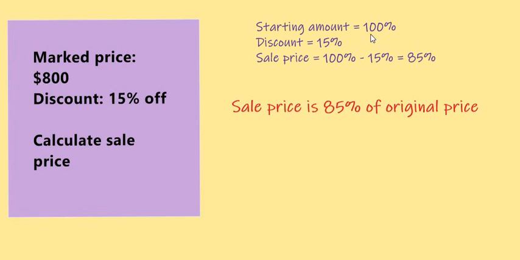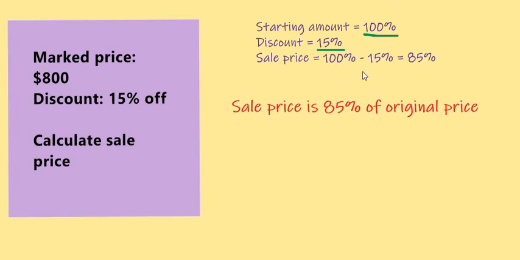It's the same principle here. You start with 100% of your money. You ever hear about full 100? Yes, you start with full 100. So the starting price is always 100%. And the discount is 15%. That means that 15% is coming off. So that means that the sale price, the amount that the item will be sold for, will be less than 100%.